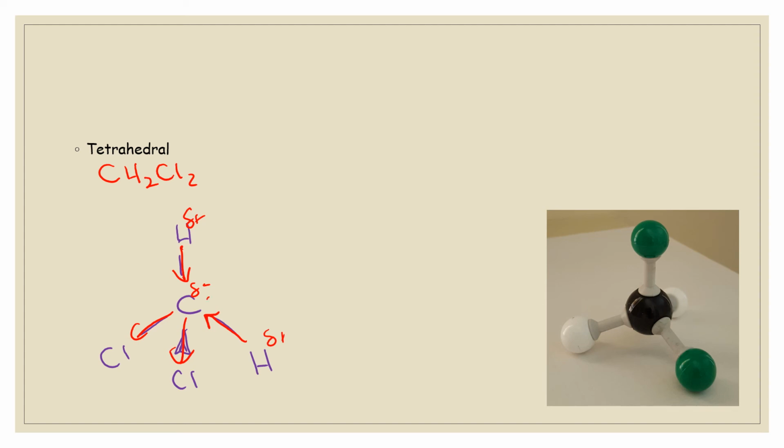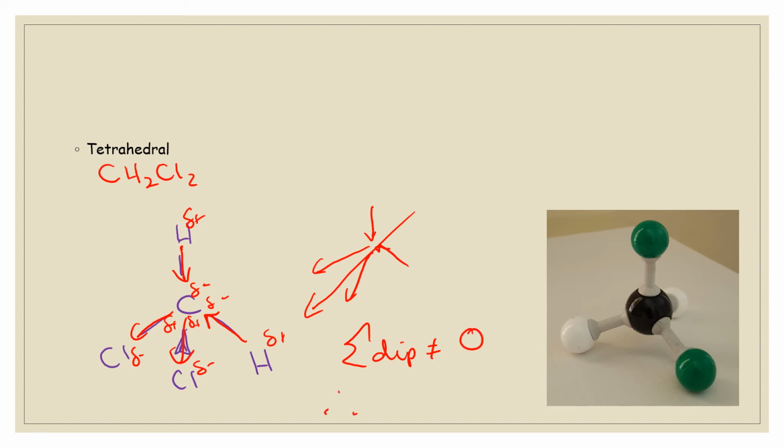So we show the dipoles. What you would have vectorially is pulling in like this, then a much bigger pull outwards. So the sum of the dipoles goes through here and is not equal to 0. So therefore it is a polar molecule with an uneven charge distribution.